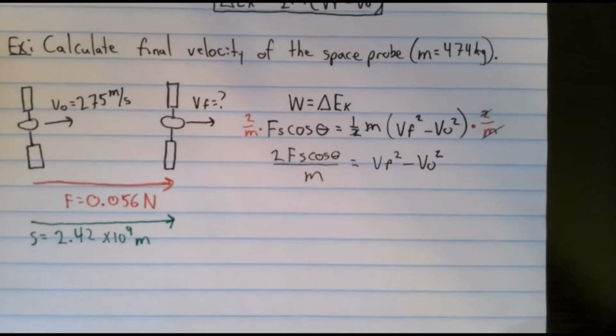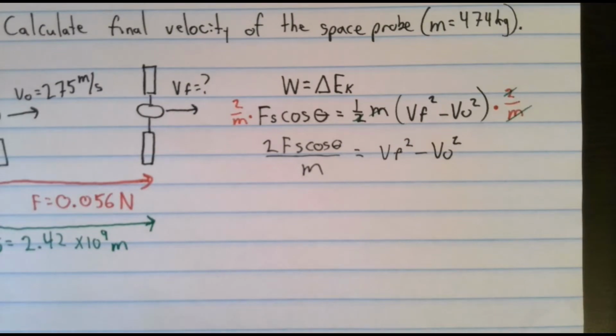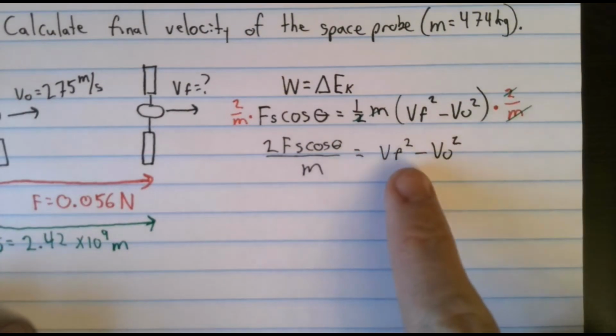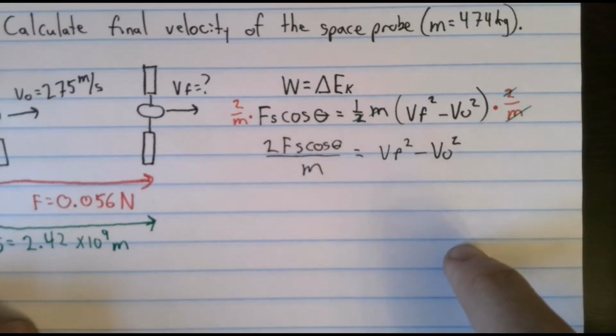And from there, only 2 steps to get vf by itself. We add vo squared to both sides, and then we square root both sides.